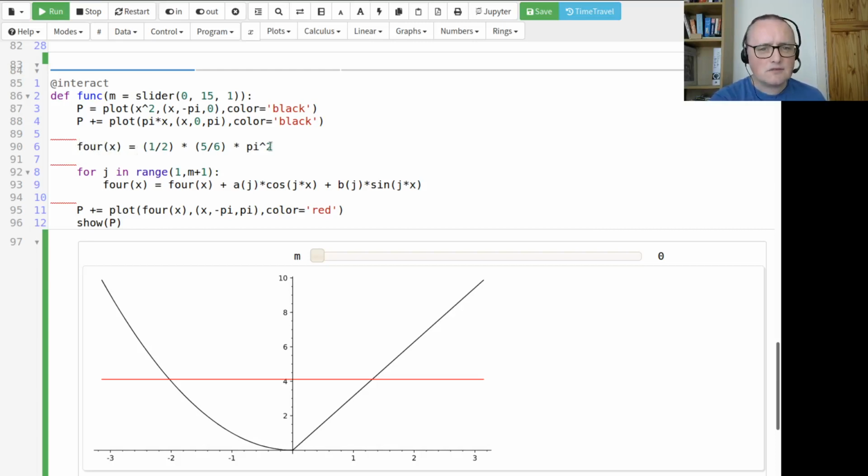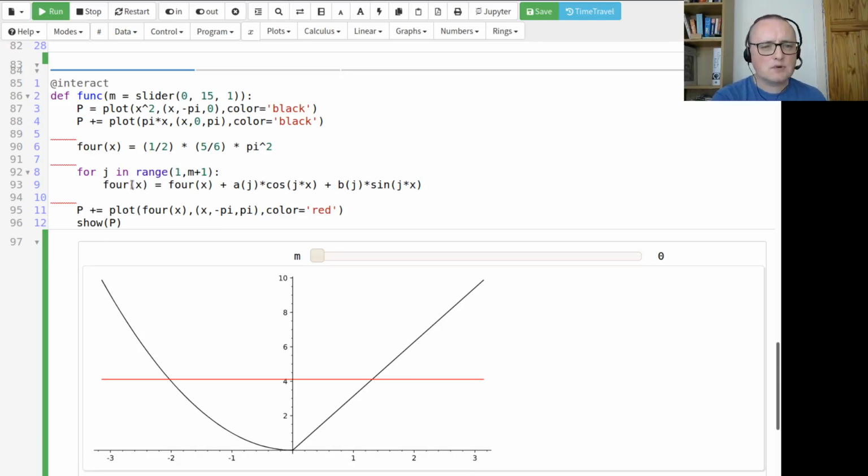The constant coefficient, which will always be there, is a half times 5/6 of pi squared, which we worked out on the page. Then I have a little for loop, which will loop in the range of values between 1 and m. The upper limit for the range construction is a strict upper limit, so this will give me integer values of j from 1 up to and finishing at m.